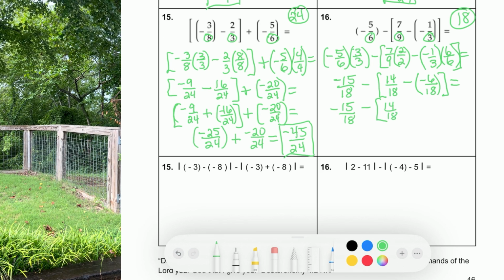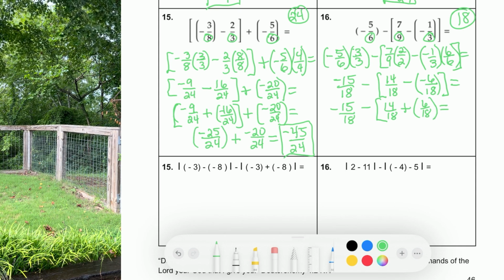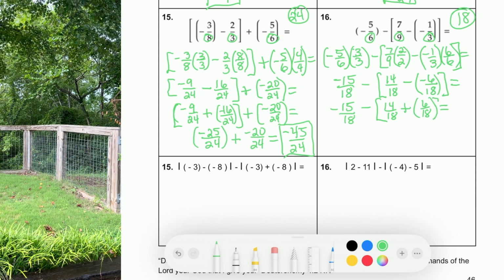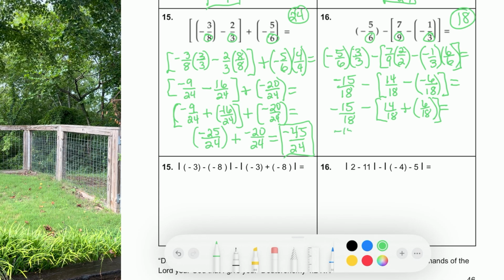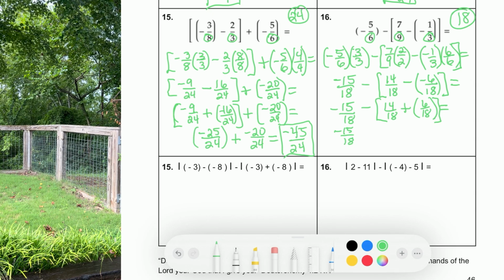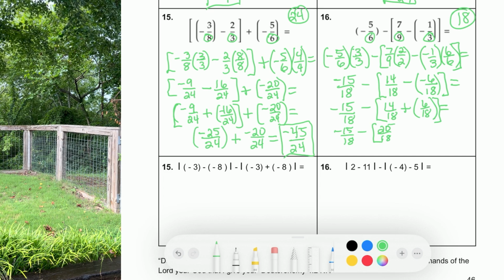So we have 14 over 18 plus 6 over 18, because that negative became a positive. All right, so we have both positive numbers in there now, so we can actually just add them and they stay positive. So 14 plus 6 is 20 over 18.